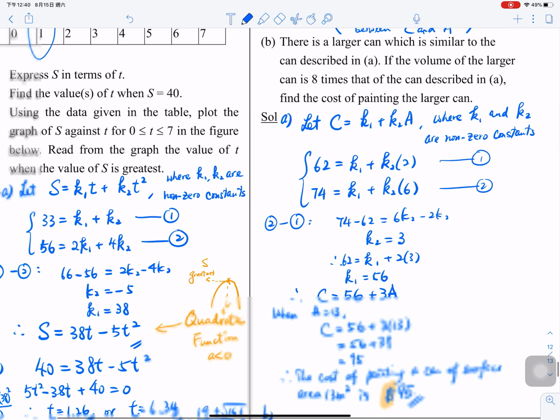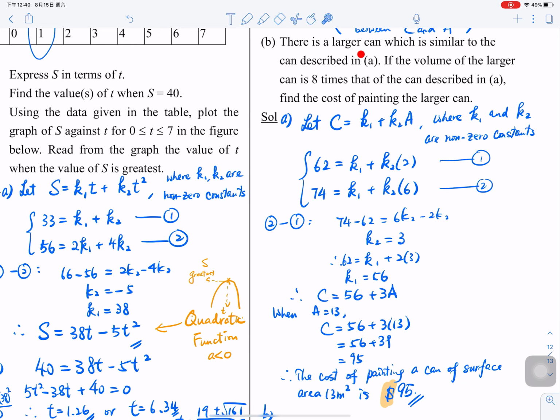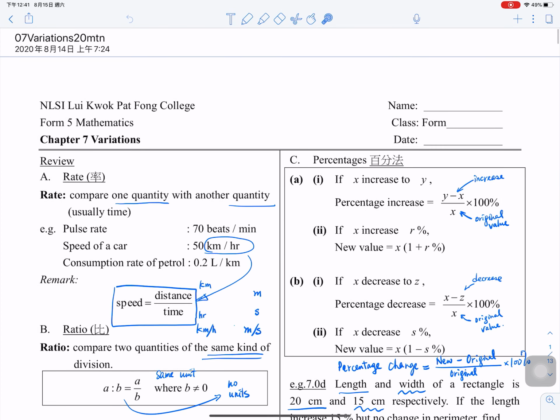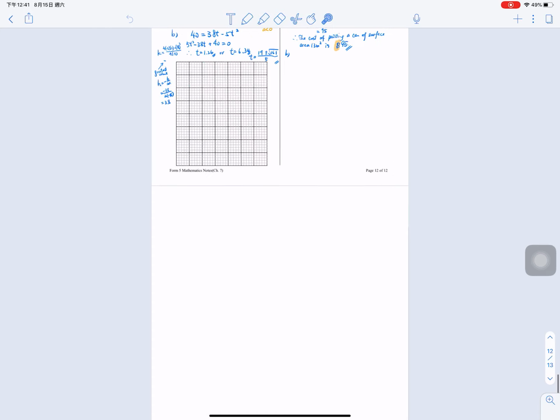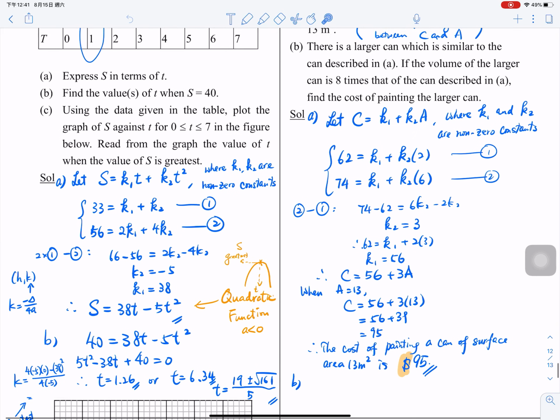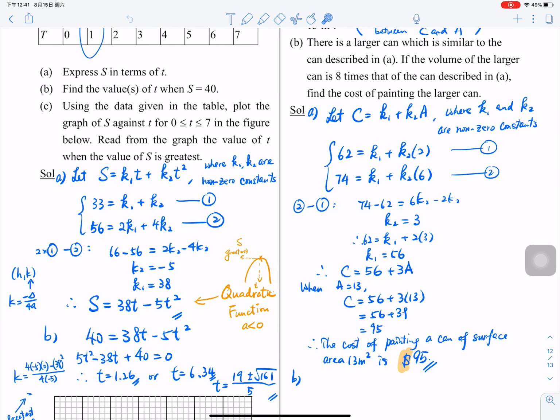Now there is a larger can which is similar to the can described in A. One word, similar.